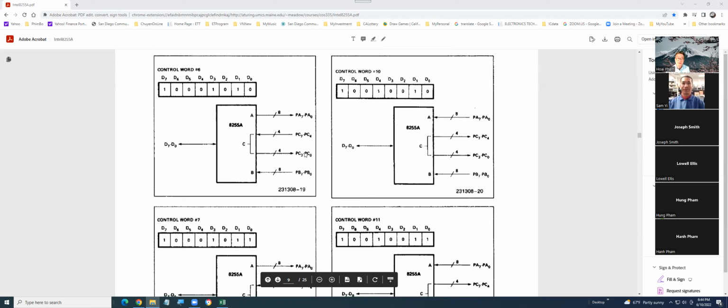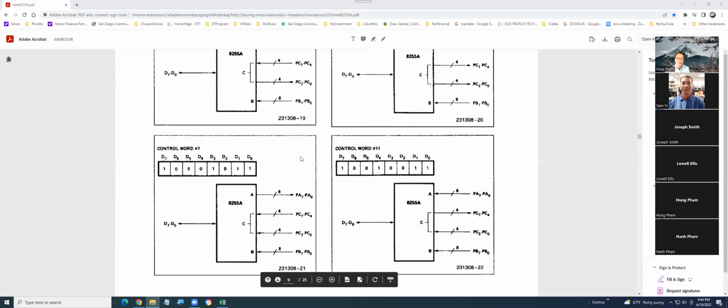However, on that part memory, we're using only A and B. Well, B is going in, so you can't write B, right? Right, you can only read B. But A, you write on A and read on B. Right. And what about C? We don't care. It's half and half. We're not using port C on that. Oh, okay, I see what you're saying. You're only using A and B on this one. Right, exactly. Okay.